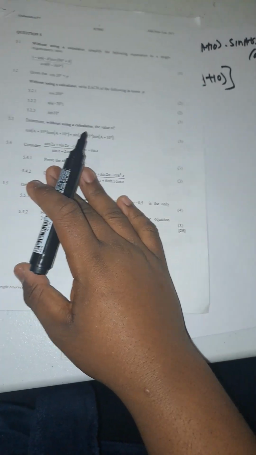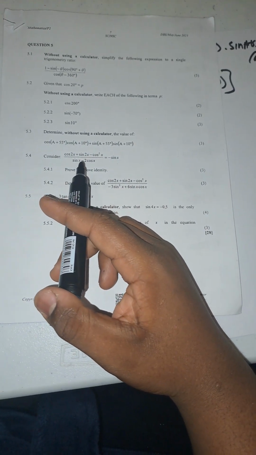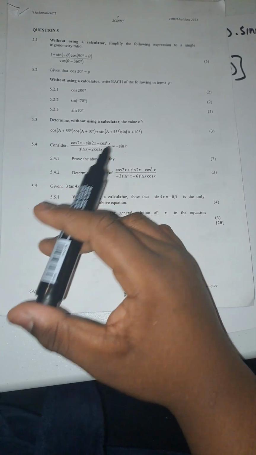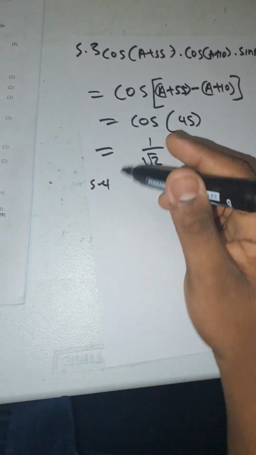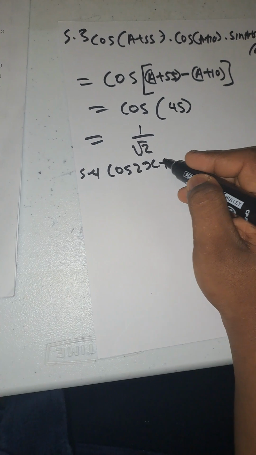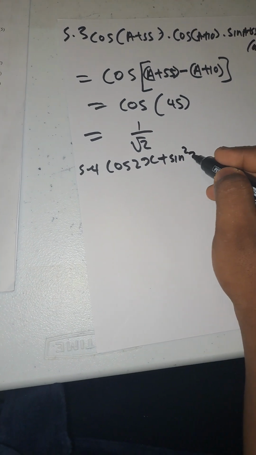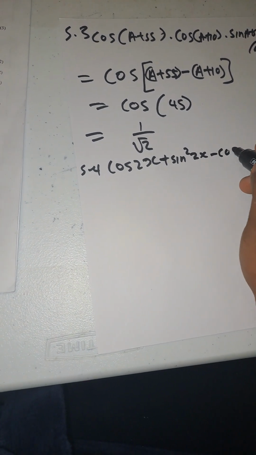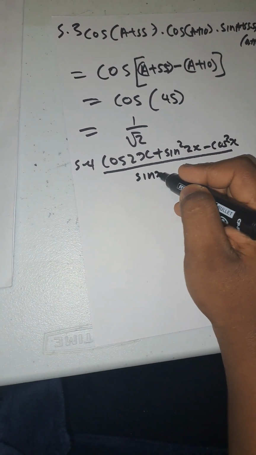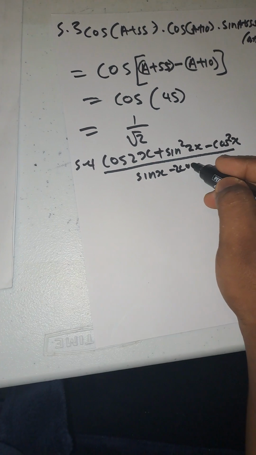They are saying consider 2 cos 2x plus sin 2x minus cos squared x over sin x minus 2 cos x is equal to negative sin x. Then they are saying prove. Okay, so we have cos 2x plus sin squared 2x minus cos squared x over sin x minus 2 cos x.